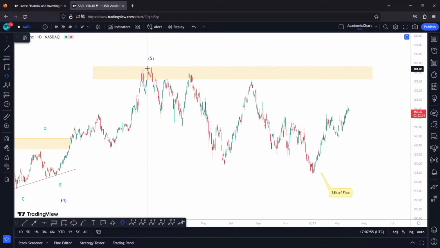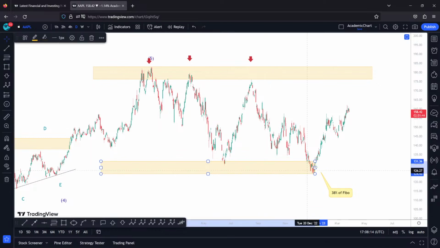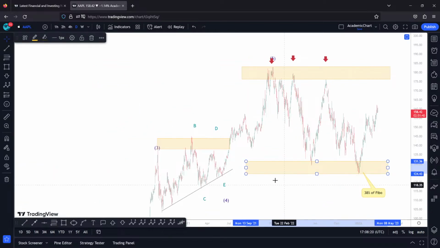Price has not reached over this level during the past 2 years at least, and even not in history. I can also grab this rectangle and draw some sort of a support here, where price has been reactive.